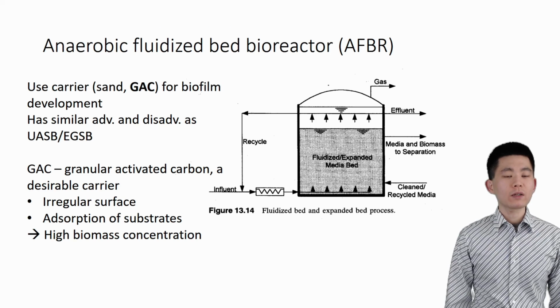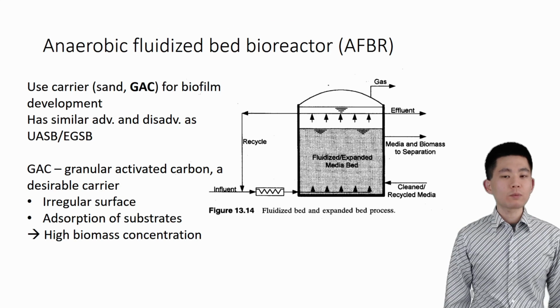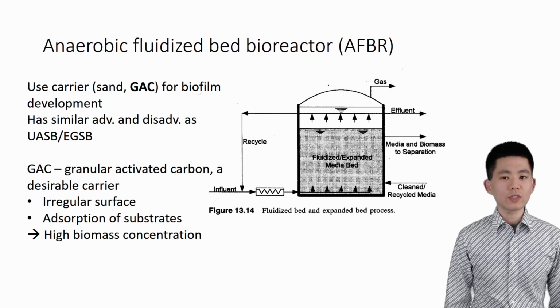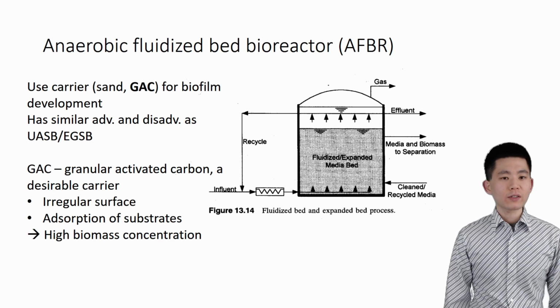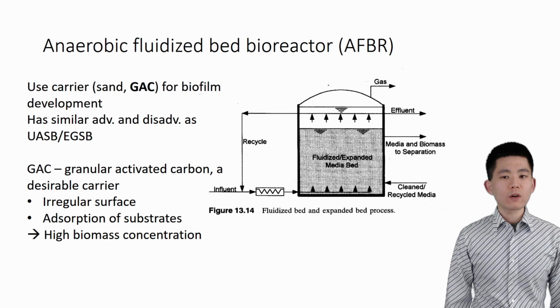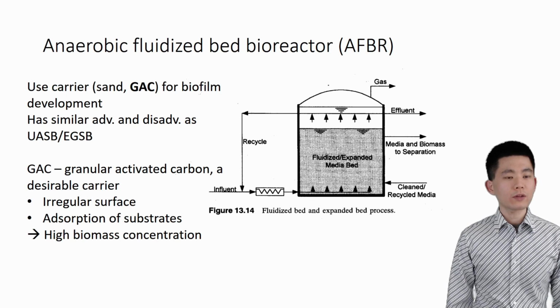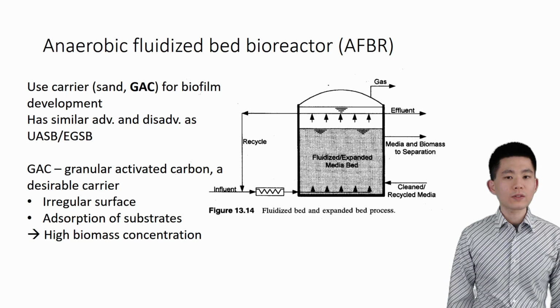Because of the similarity in configuration, it has similar pros and cons as UASB and EGSB. As for the carrier, GAC is more desirable despite the high cost. It can better support the biofilm development due to its irregular surface and its ability to adsorb substrates, which creates a high local substrate concentration.